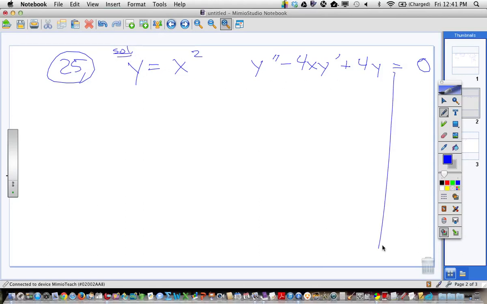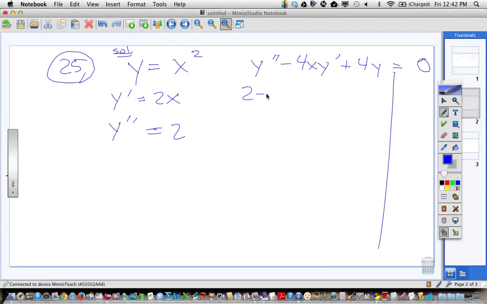So, right? I put the T-chart right there, and I want to plug this into here. Well, I can plug this in for that y, but I need a y prime and a y double prime. So over here, I'll just work out y prime is 2x. Y double prime is 2, right?